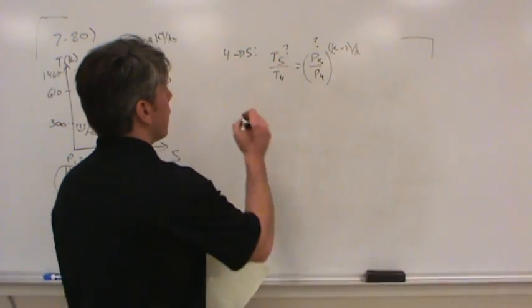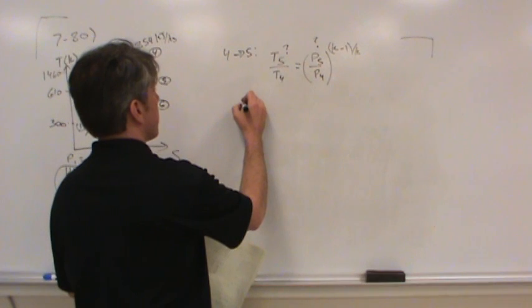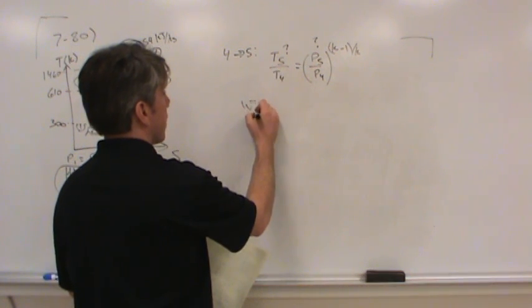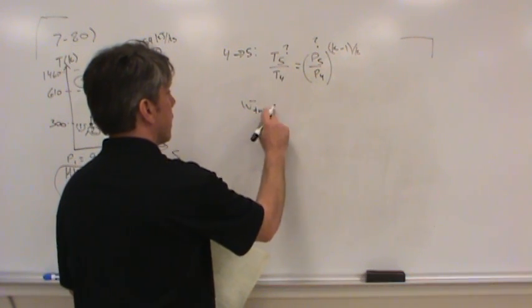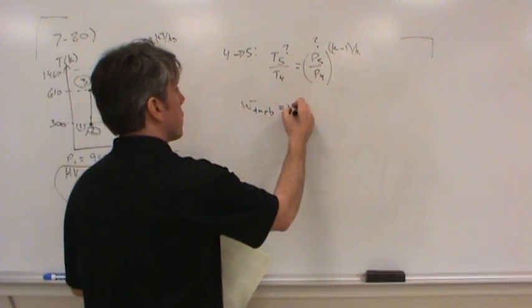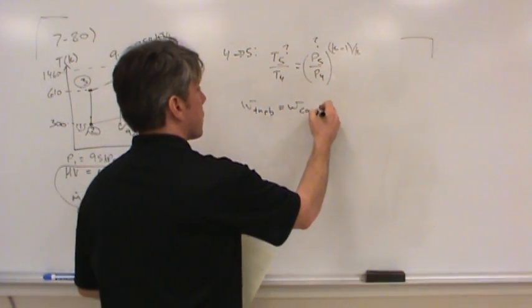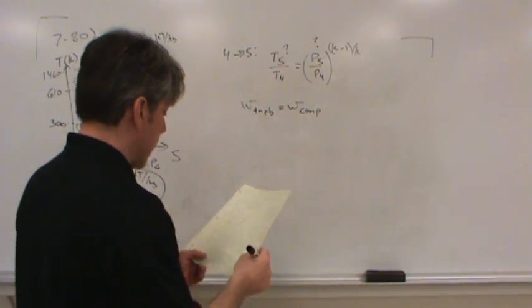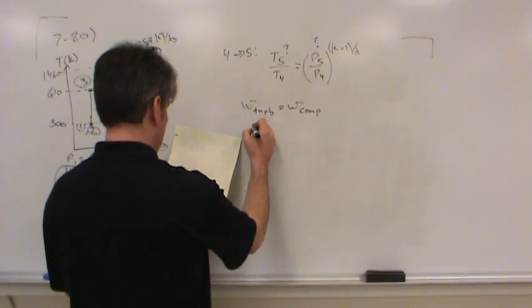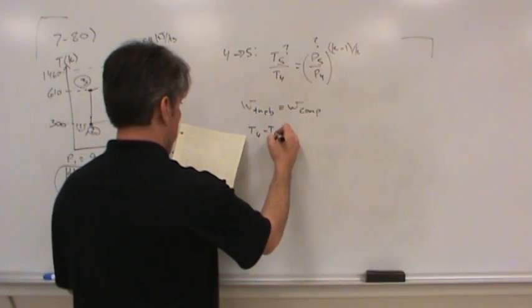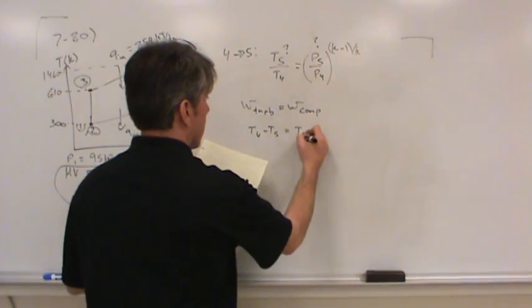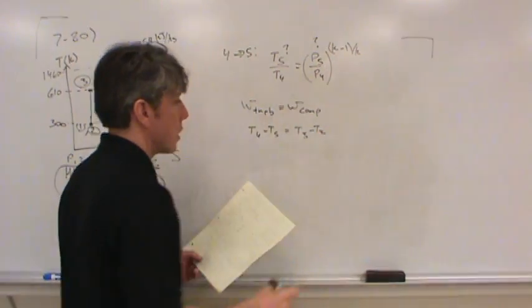Okay. So you're right. Basically, we used an energy balance and said the specific work output of the turbine goes into driving the compressor. And ultimately what that meant is that the temperature in state 4 less the temperature in state 5 equals the temperature in state 3 less the temperature in state 2.